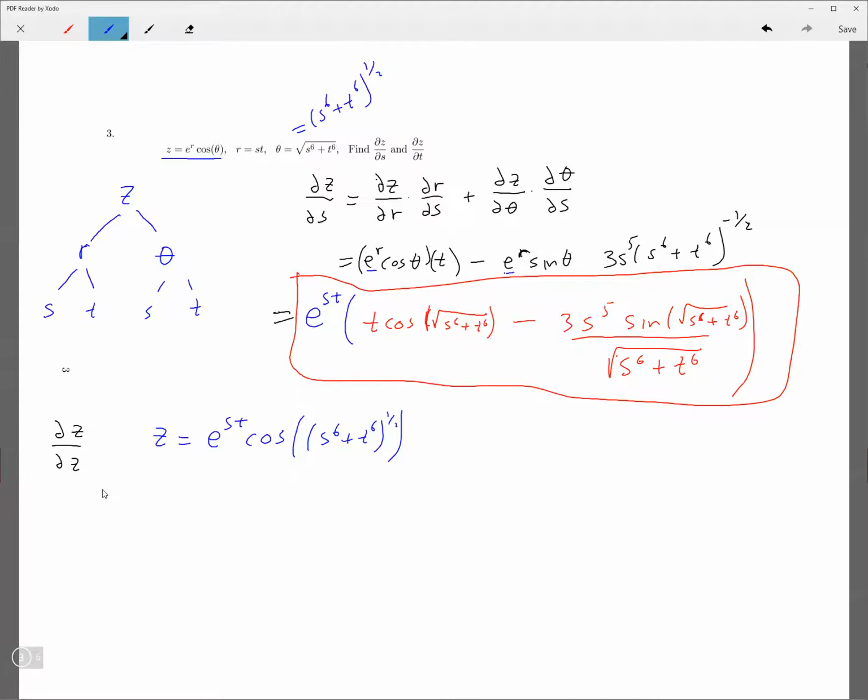And then just take the partial of z with respect to t and work from here. So it would be the product rule.